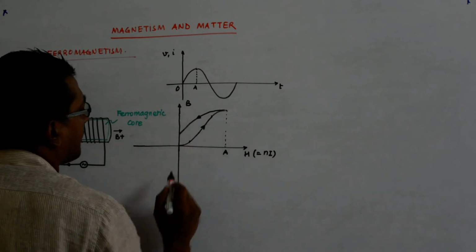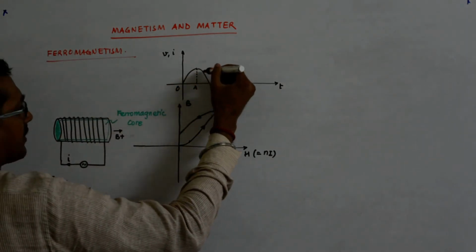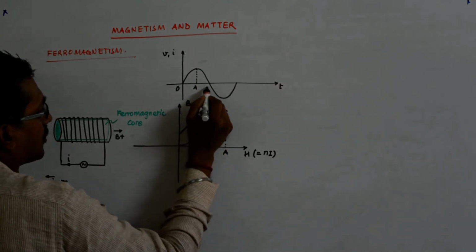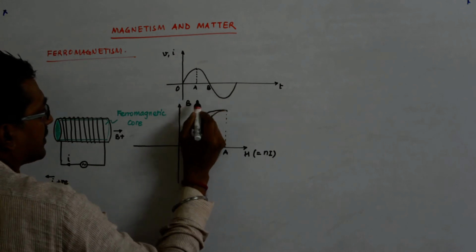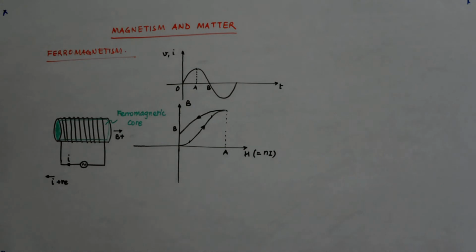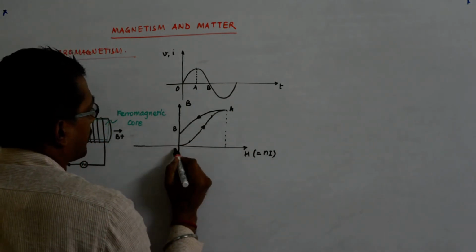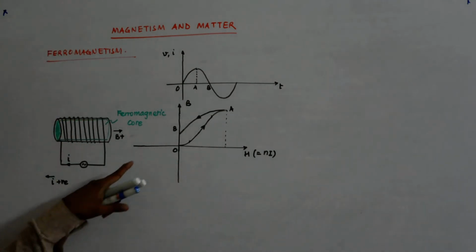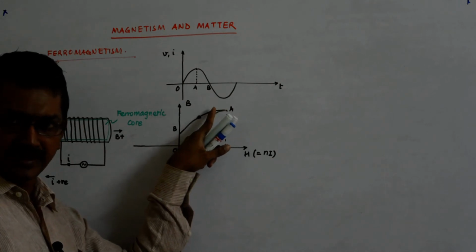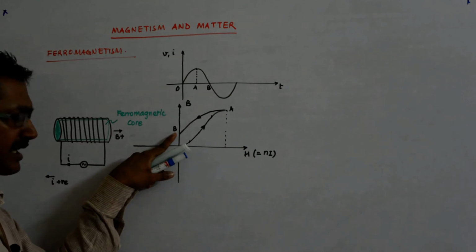And when your current becomes zero, you have come to this point, which is your point B. This is your point O. When you started with the material, you were here. It increased. We expected it to come back. It did not. It followed some other path and came here.